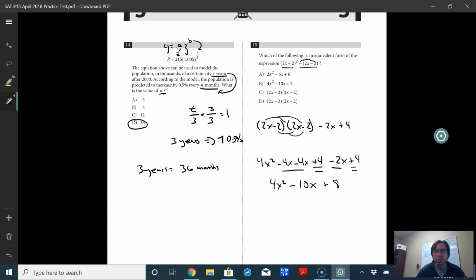Okay, here we can look and see what we can try to do. We can pull out a 2. So 2, we're now going to make that 2x squared.